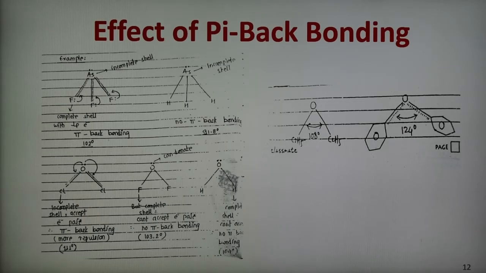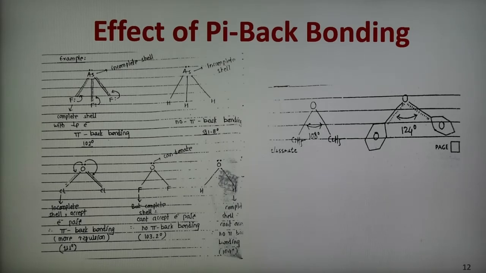The other atom should have an incomplete shell so that it can accept an electron pair, and therefore elements of groups 3, 4, 5, 6 in the periodic table have vacant d orbitals, for example phosphorus, arsenic, antimony, sulfur, selenium, tellurium, chlorine, bromine, iodine.